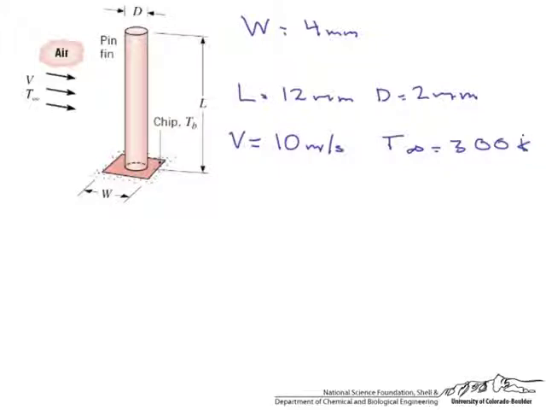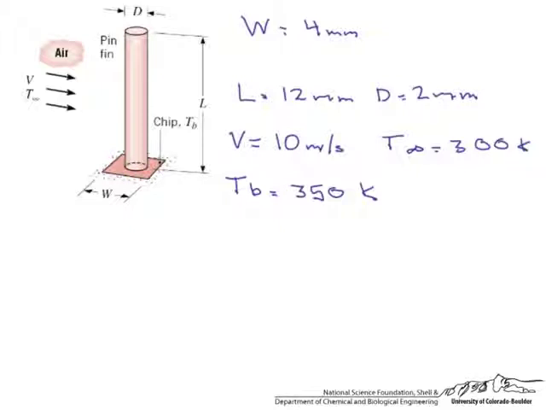The surface of the chip and therefore the base of the pin are maintained at T sub B equals 350 K. And so what we're going to want to do is, if you notice, we are missing the H. So the first thing we want to do is find the average convection coefficient, then determine the pin heat transfer rate, and finally the total rate of heat transfer from the chip.